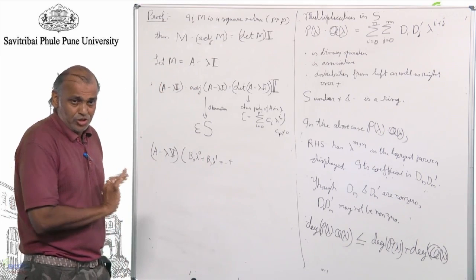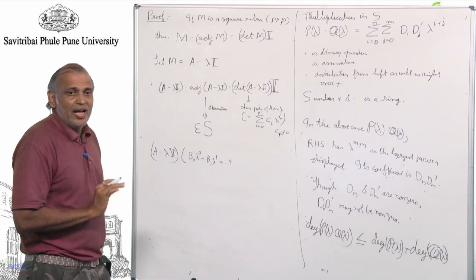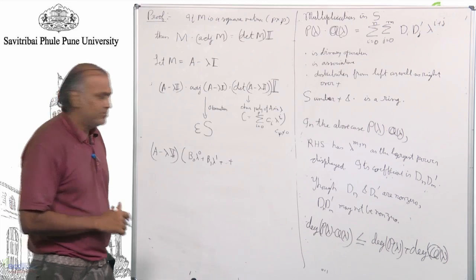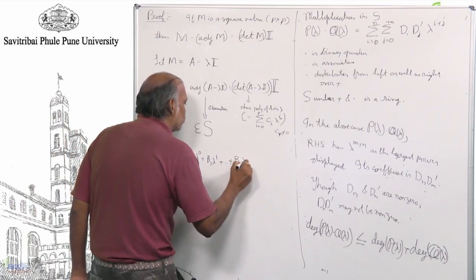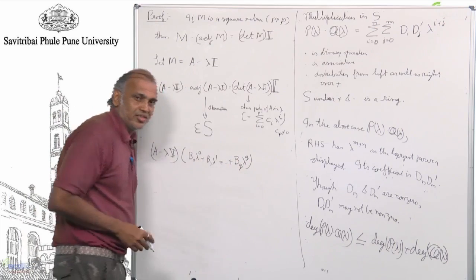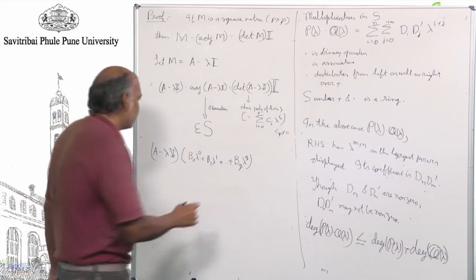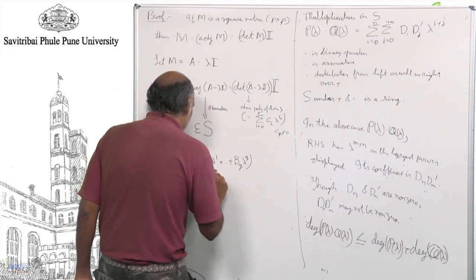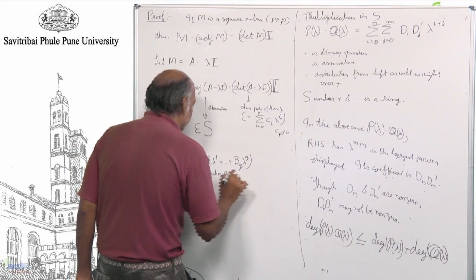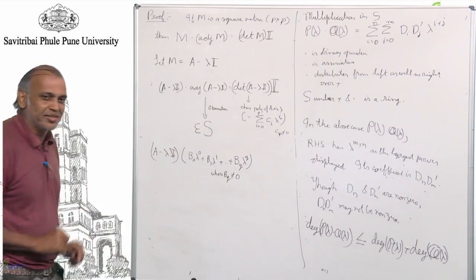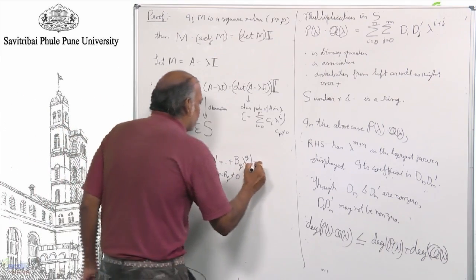This, if not 0, should have a degree. So let me call this bq. I am not sure what degree this would be at this stage, so let me call it some q, where bq is not equal to the null matrix.